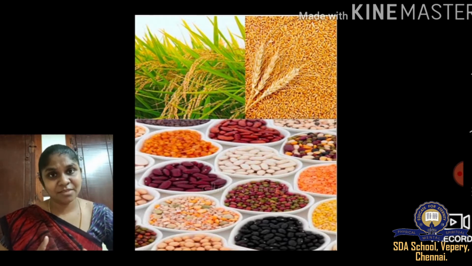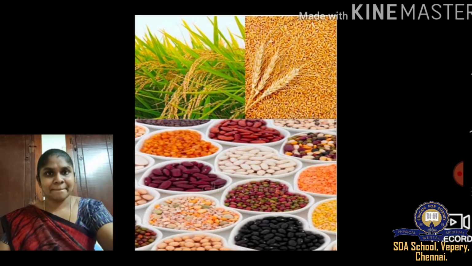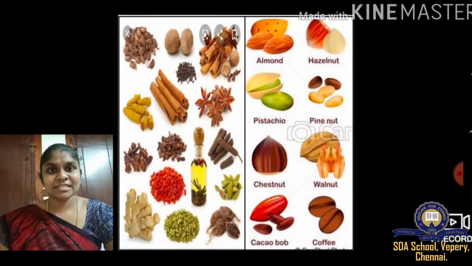The first thing we have seen: rice, wheat, that comes under cereals, and pulses. You have learned about chickpea, red beans, kidney beans, tur dal, moong dal. Then we have learned one more thing. What is it? This is spices and nuts.